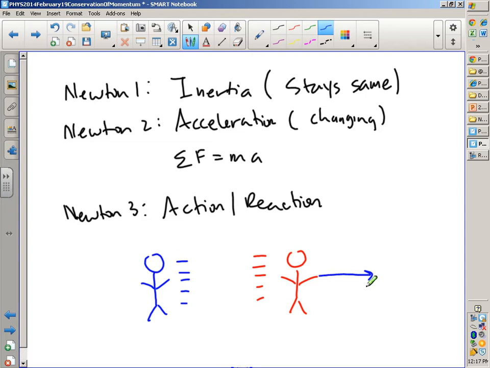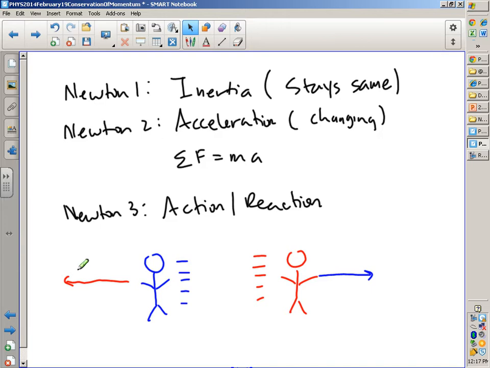Blue applies what we call an action force to red, physically, intentionally applying that force. But what we find out is that blue can't apply a force to red without red applying a force back to blue.